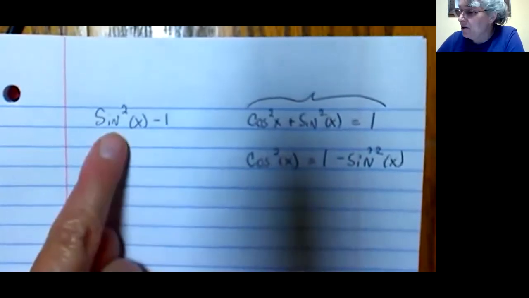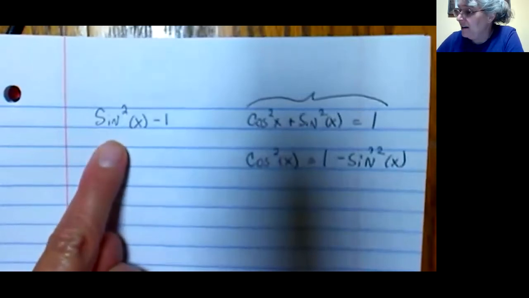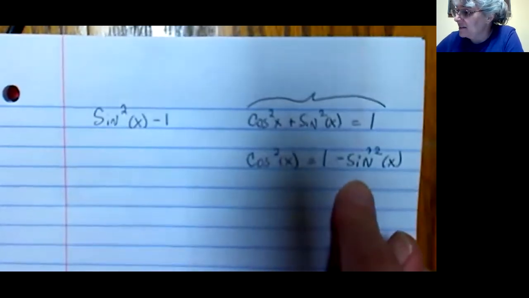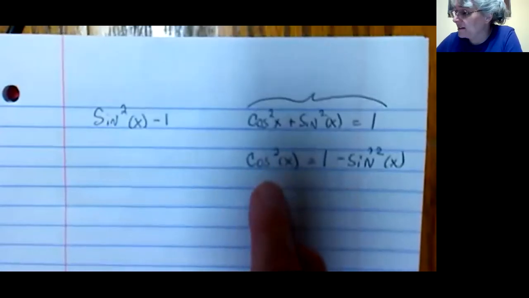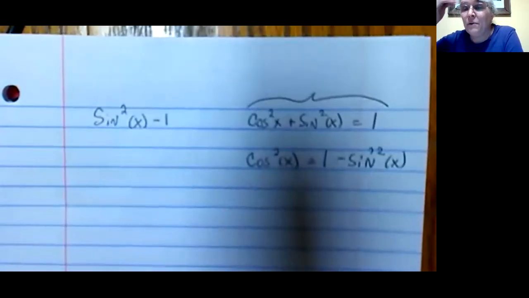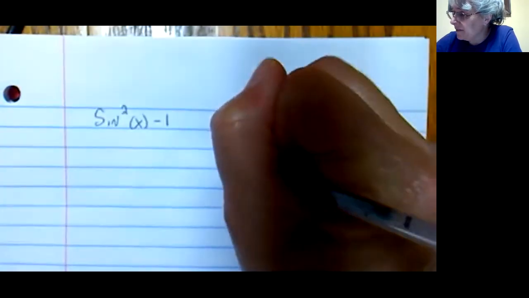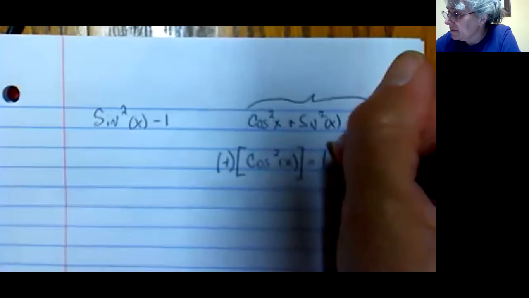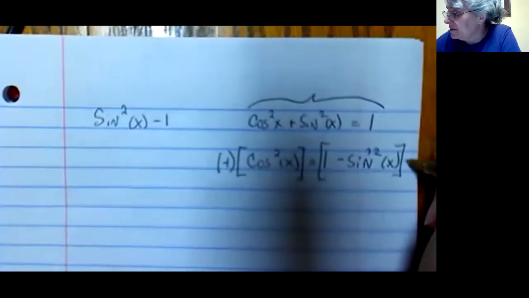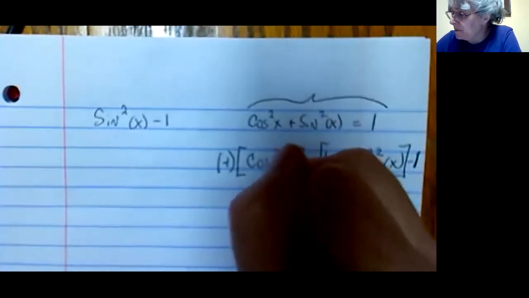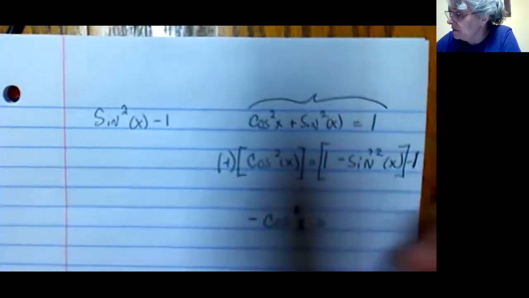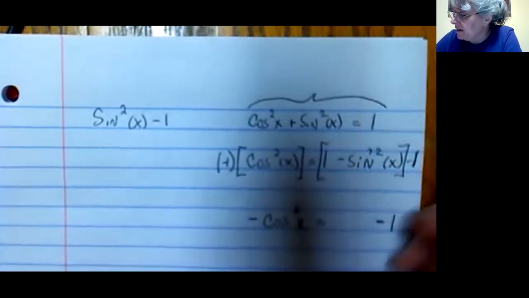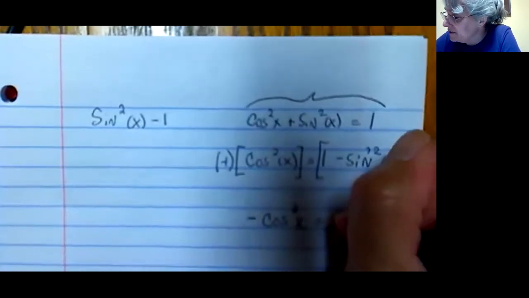Okay, it's getting close to this, but in this side, the sine squared x is positive and the 1 is negative, and cosine squared x here is positive. Well, let's try multiplying both sides by minus 1. We can do that. So we end up with minus cosine squared x equals, well, now we got our minus 1, and our sine squared x is positive.